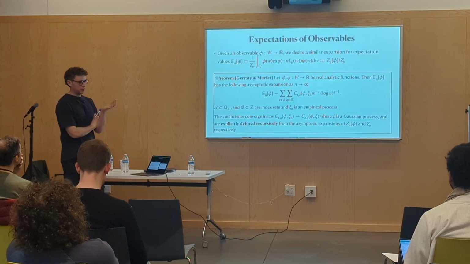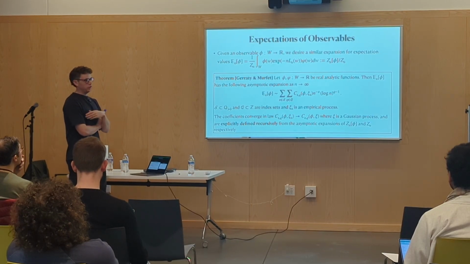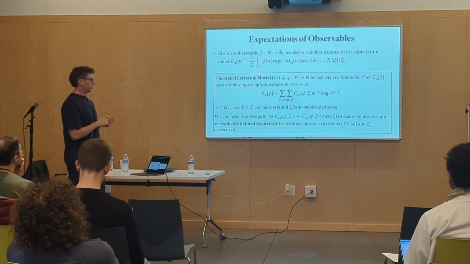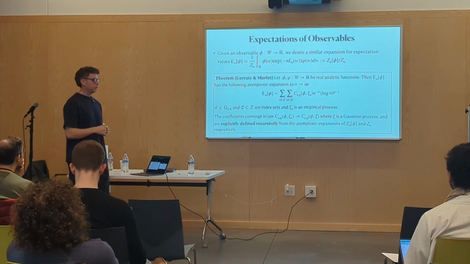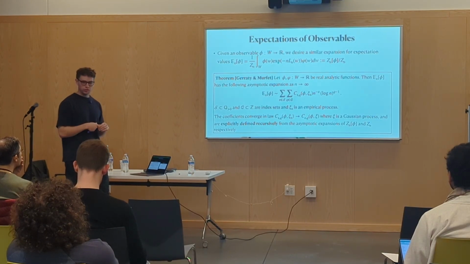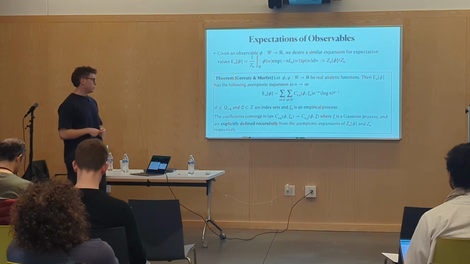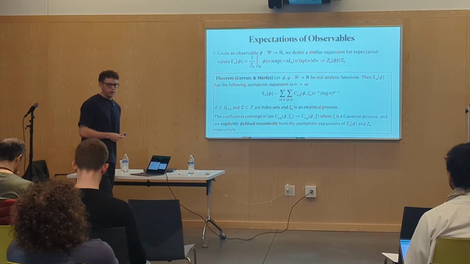So we've always known that an expansion like this must exist, but now we actually have a way to not just get the leading order term, but also get all the lower order exponents and also the coefficients defined recursively. And these are all defined as fluctuation integrals and their moments for lower order terms. So using this result, we're going to try to see what we can say about Bayesian renormalization.